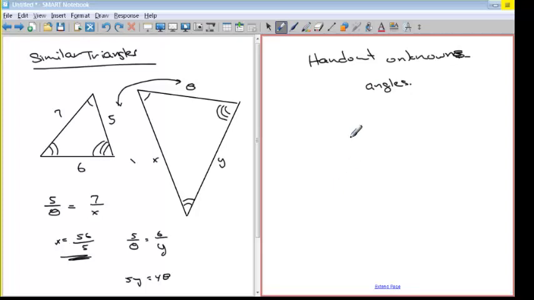And the rules you use are that vertical angles are equal to each other. Supplementary angles add up to 180. Complementary angles add up to 90. The sum of the internal angles of a triangle adds up to 180. And the external angle is equal to the sum of the two interior angles.